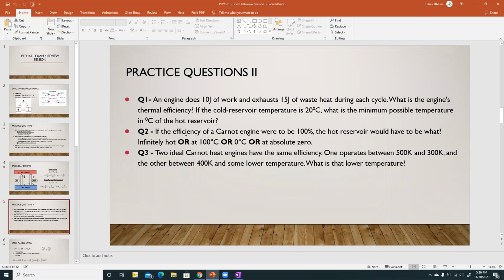Because if they want you to use temperature to find the efficiency, then they must say it has to be a Carnot engine. So if the efficiency of the Carnot engine were to be 100%, the hot reservoir would have to be infinitely hot. Let's calculate first and the conversion rate.